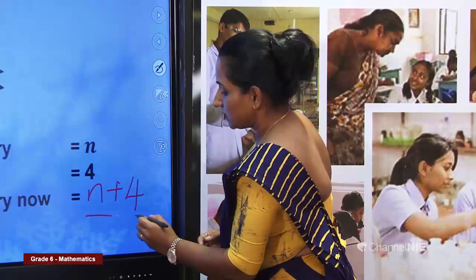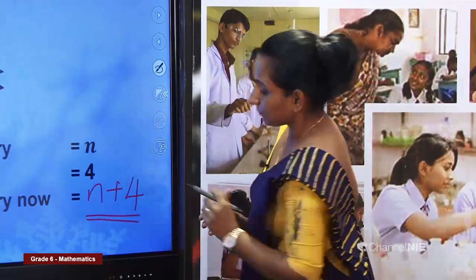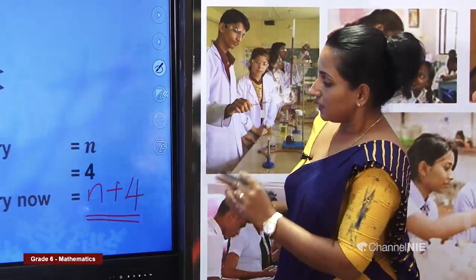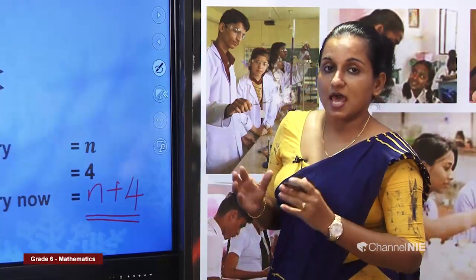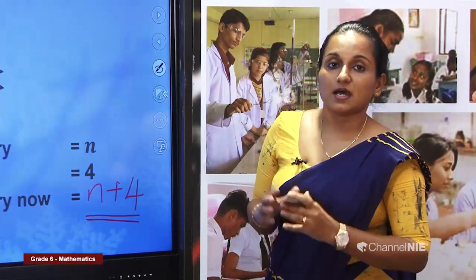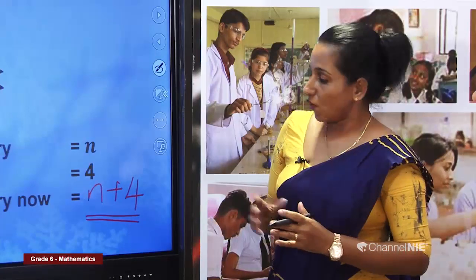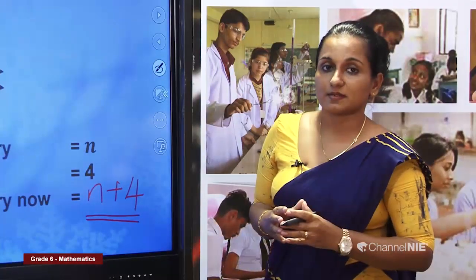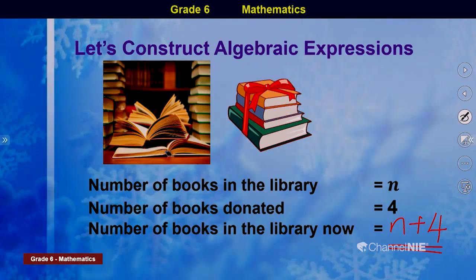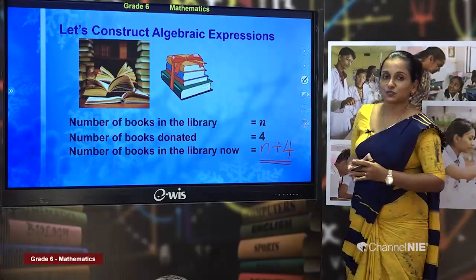Now, can you see, children? This expression has an algebraic symbol which is n, and it also has a mathematical operation, that is plus, and also it has a number 4. This is an algebraic expression.